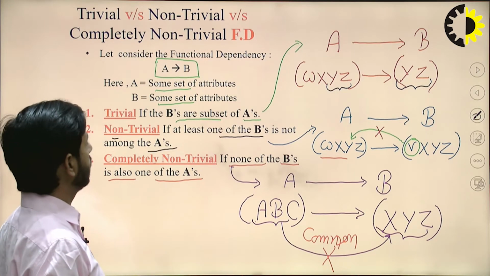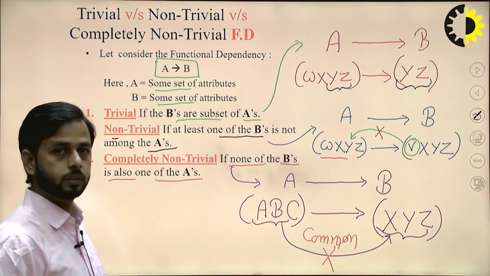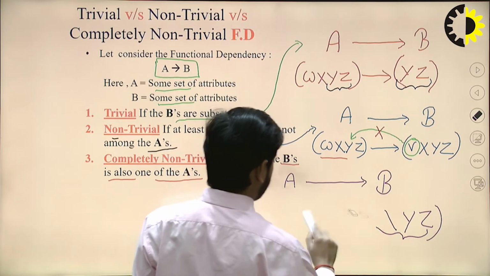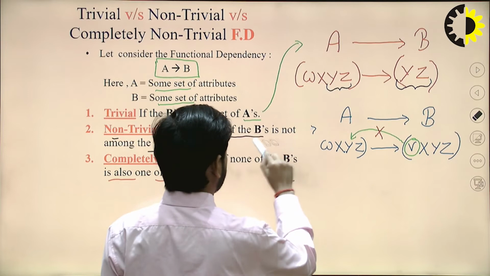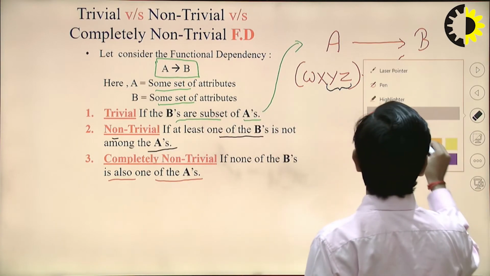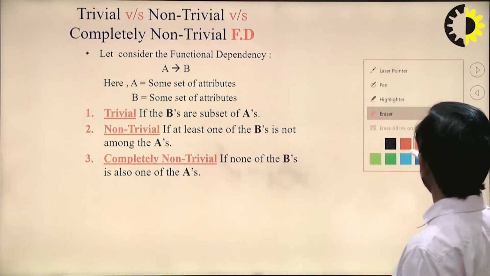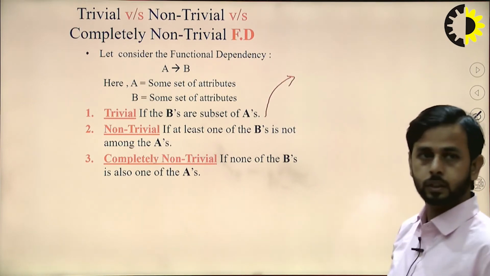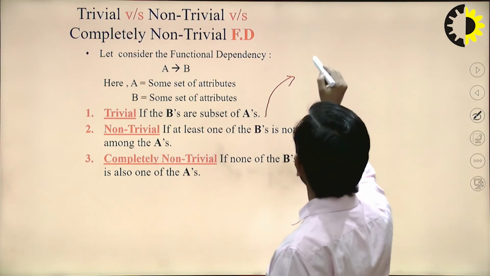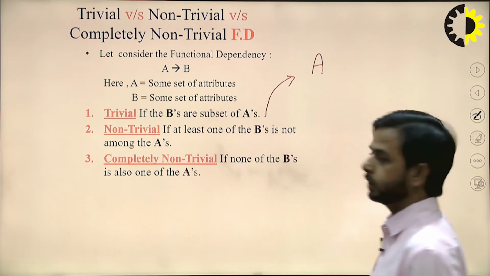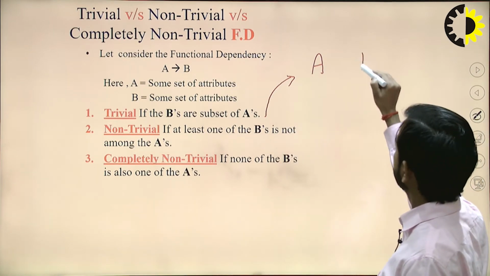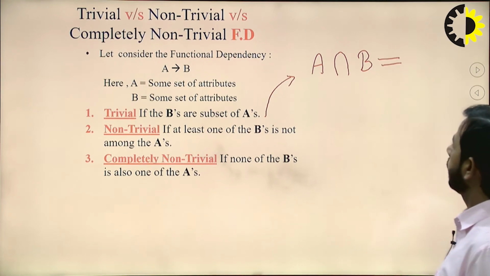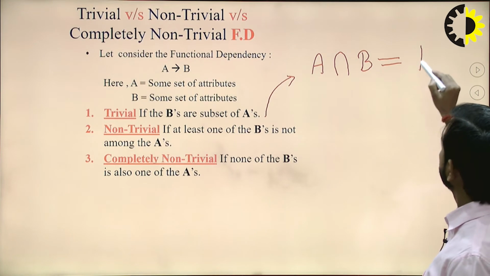Right? So if I write it in terms of set theory, then I can write it like this. In a trivial functional dependency, in terms of sets, if there is A, some set of attributes, and there is B, and we take the intersection of these two, then it is B only.